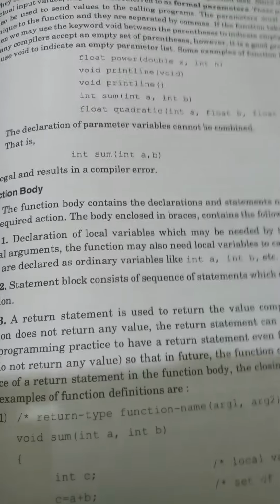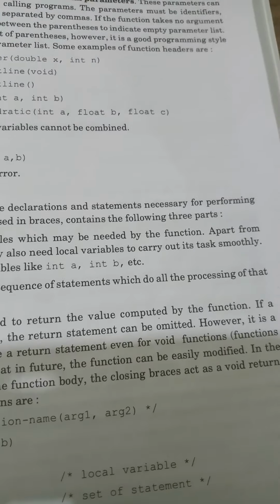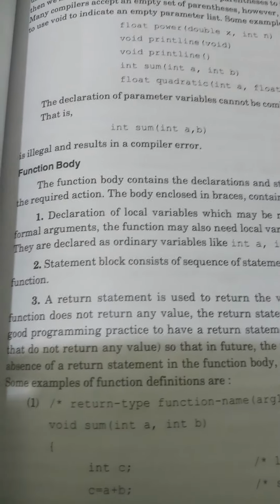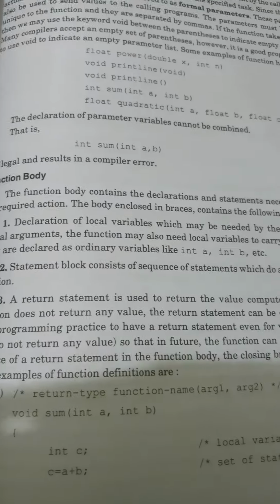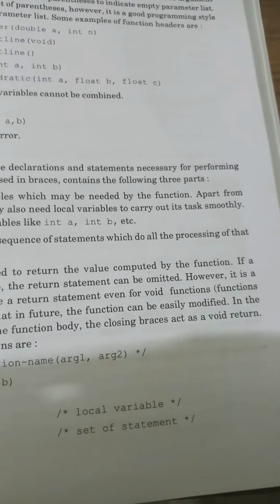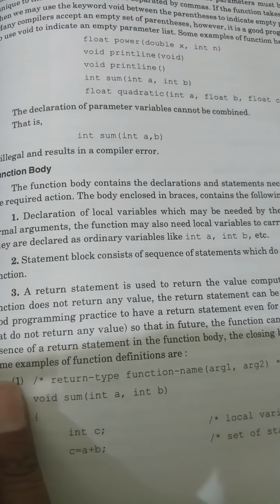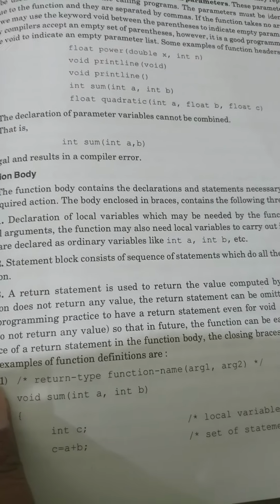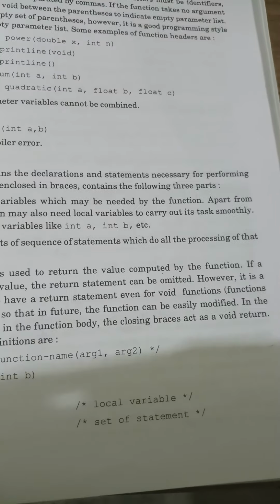The function body contains the declarations and statements necessary for performing the required action. The body enclosed in braces contains the following three parts. One, declaration of local variables which may be needed by the function.